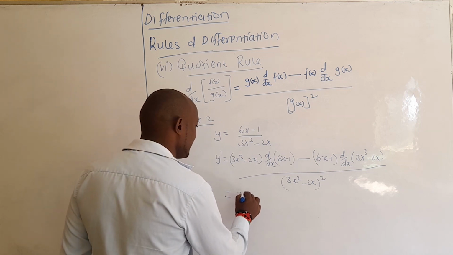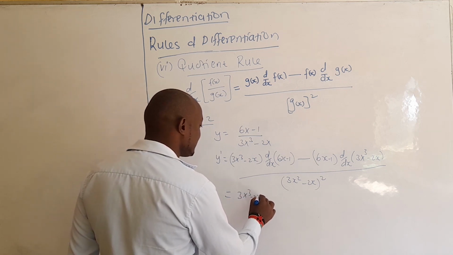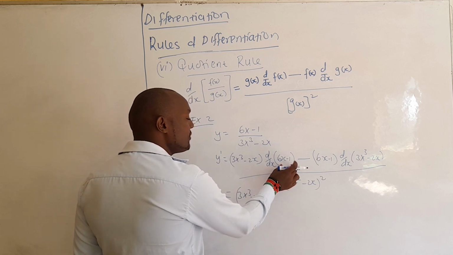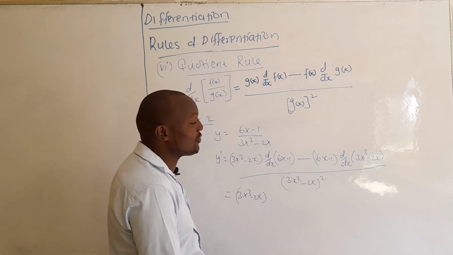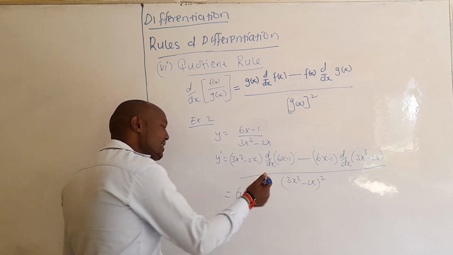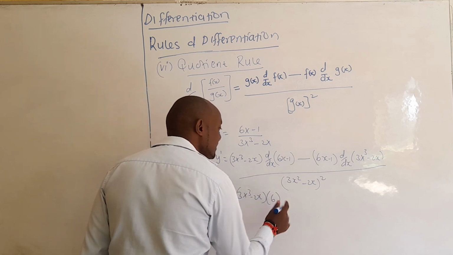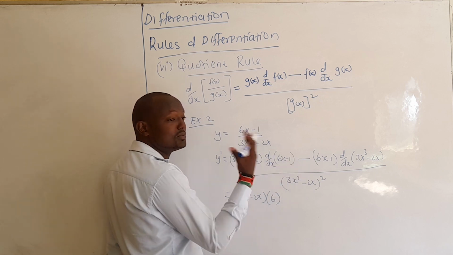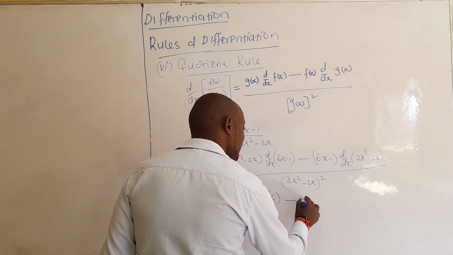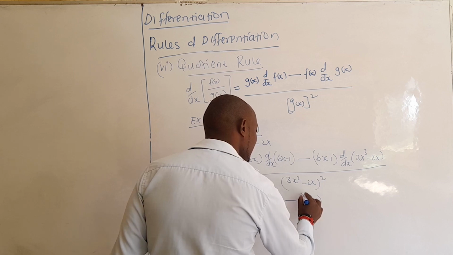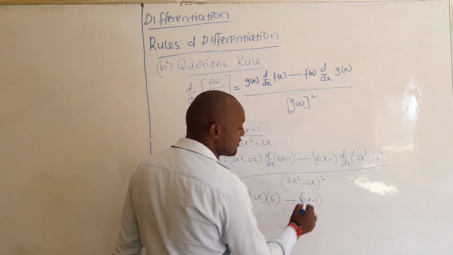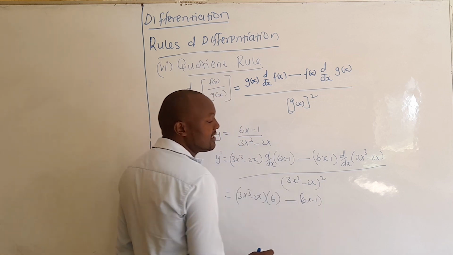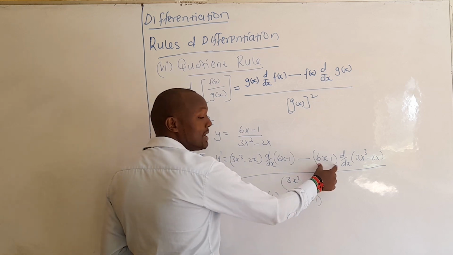So you have 3x cubed minus 2x. Then when you differentiate 6x minus 1, I know based on the previous rules, you can be able to see that you get 6, because for 6x you get 6. Although when you differentiate 1, it will be 0, minus 6x minus 1. And another mistake that students make is where they ignore these brackets.